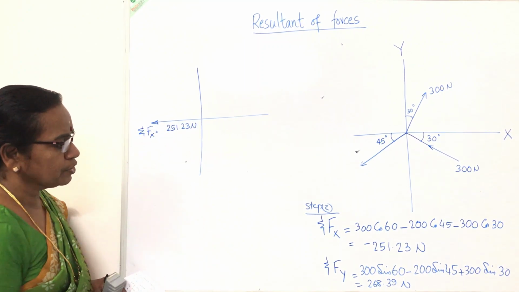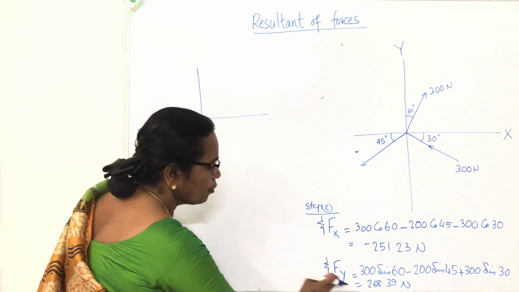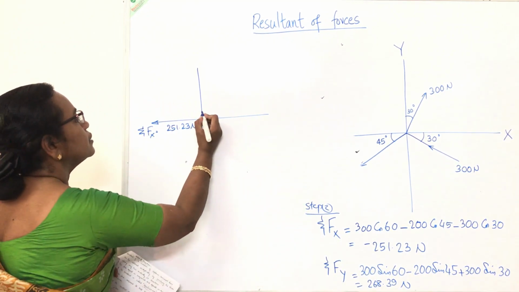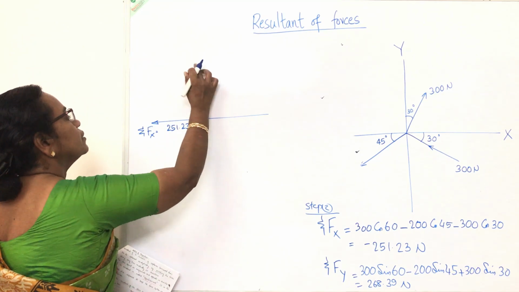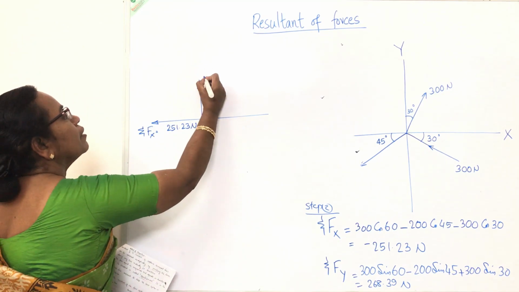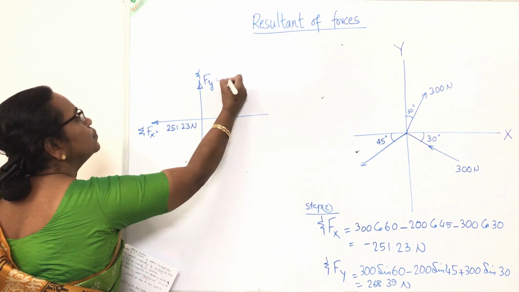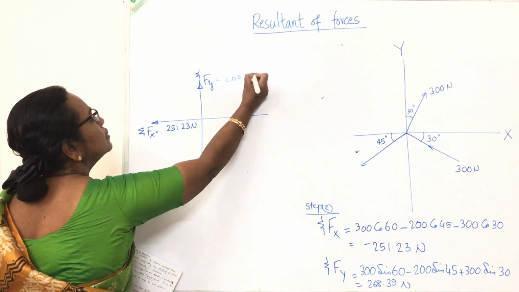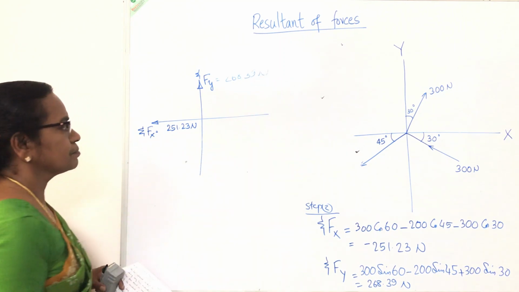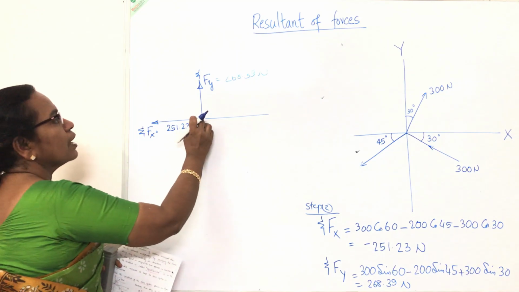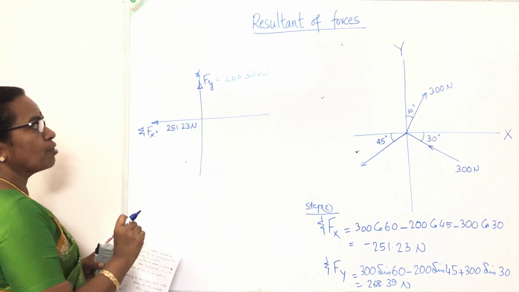Sigma Fy is 268.39 positive. That means this is sigma Fy, 268.39 positive. So sigma Fx is 251 negative, sigma Fy is 268 positive.